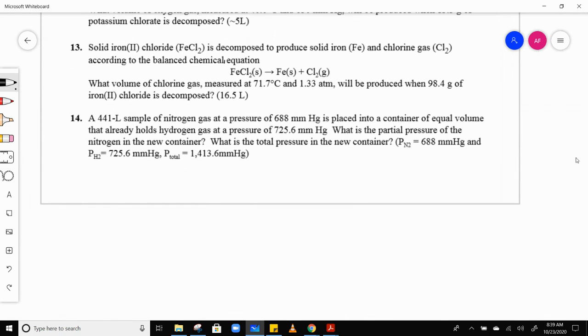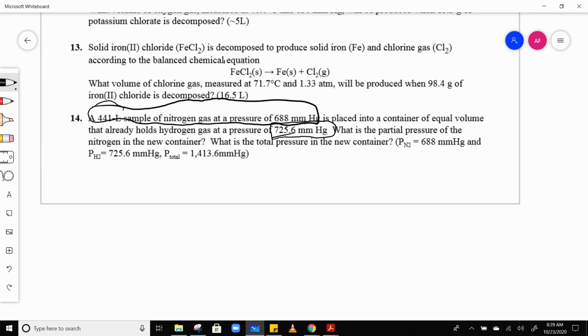So let's think about this. We have a 441 liter sample of nitrogen. That's what we start with at a pressure of this. And it's placed into a container of equal volume that already holds hydrogen gas at 725.6 millimeters of mercury.